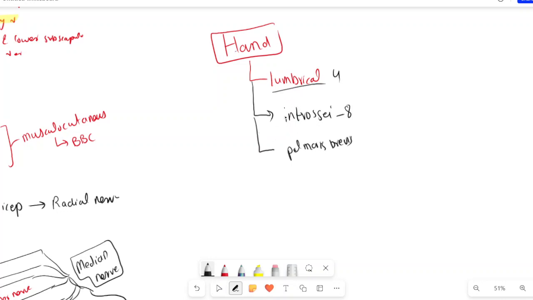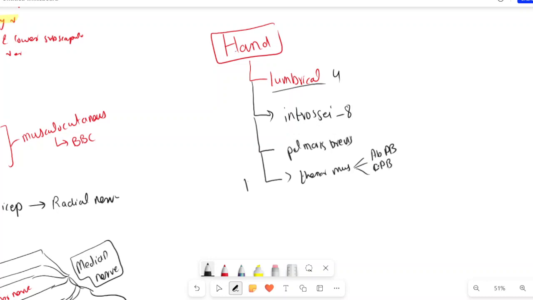Now the short muscles of the thumb. There are 3 thenar muscles and 3 hypothenar muscles. The thenar muscles are abductor pollicis brevis, flexor pollicis brevis, and opponens pollicis.